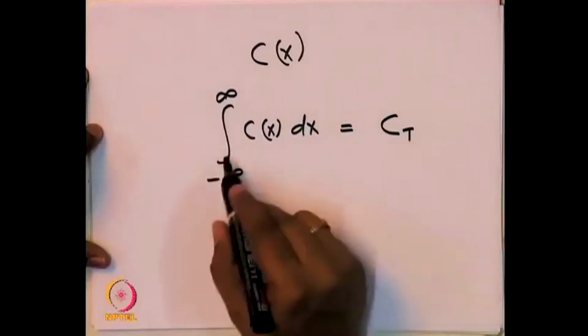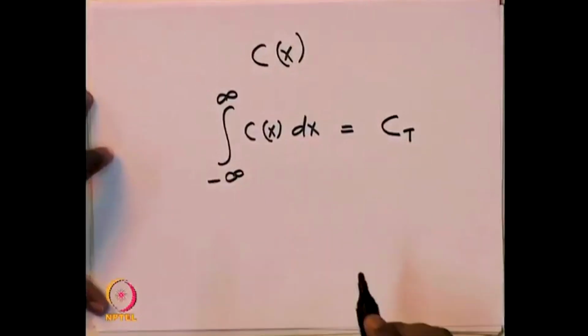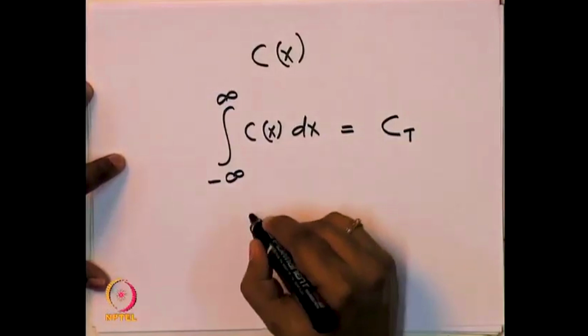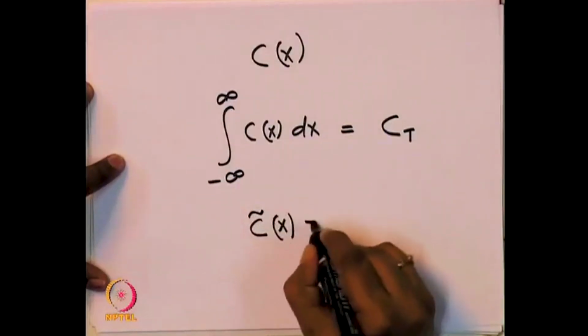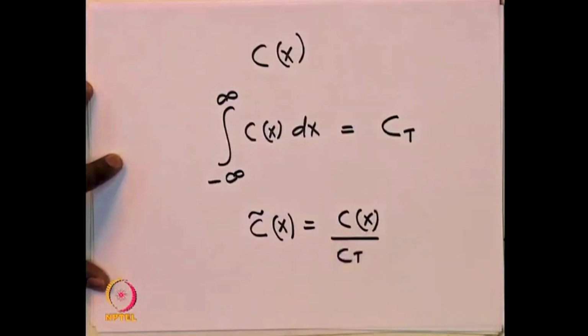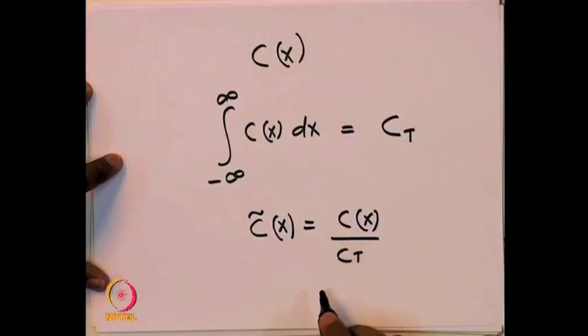Now for simplicity, let me define a new function called C tilde of x, which is C of x divided by this constant Ct. Just for convenience, this is just a trick.